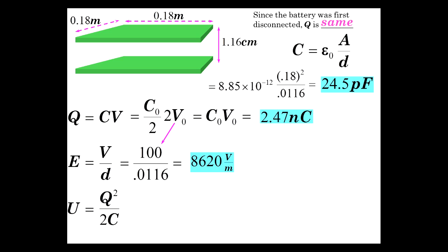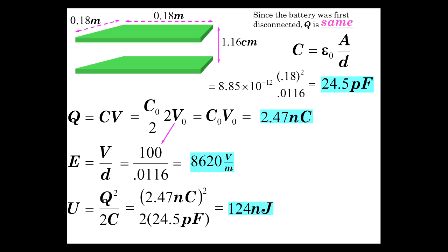The energy, Q squared over 2C, gives us 124 nanojoules, so the energy is doubled, and it stands to reason because it took an external force, positive work, to take that plate and move it to its new position, which increases the electric potential energy of the system.